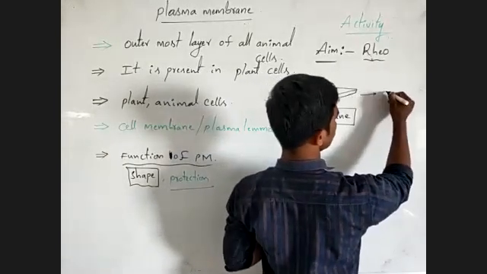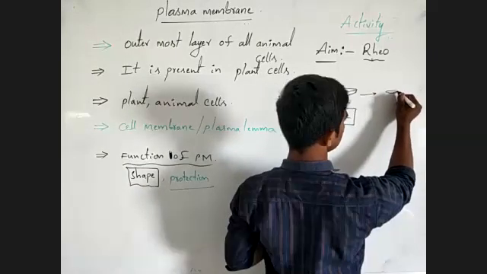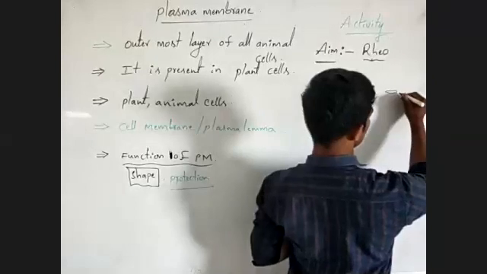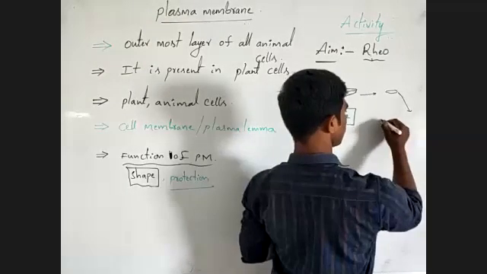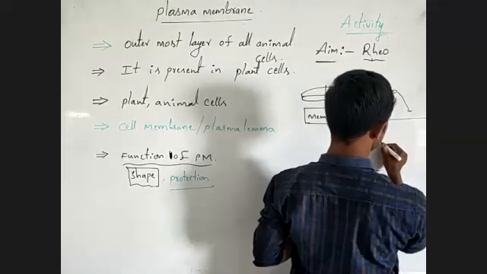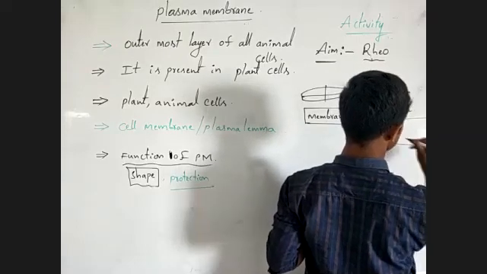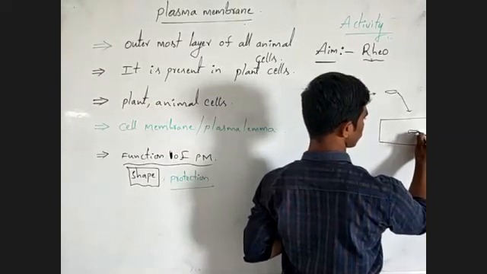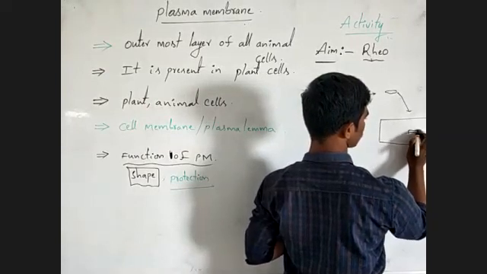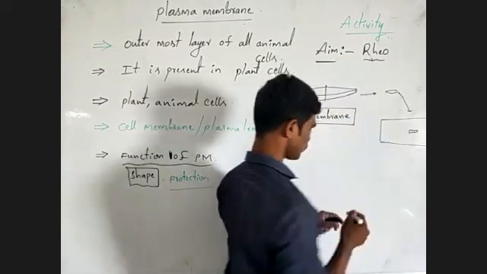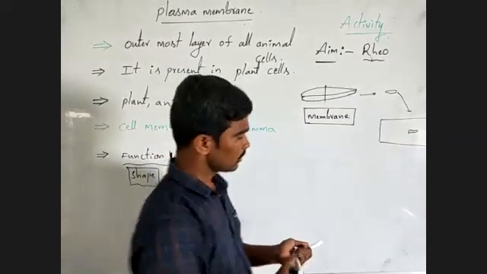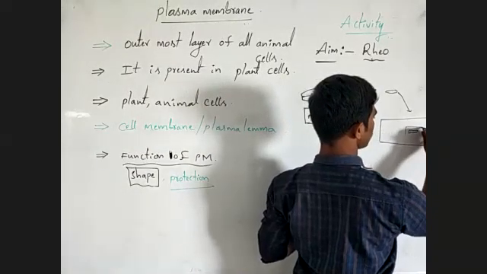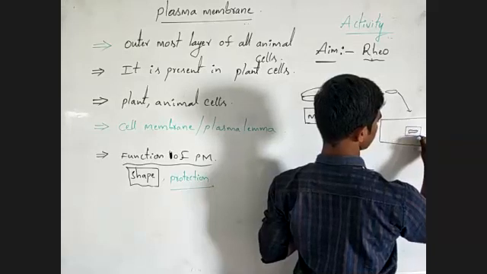Imagine like this. Then you have to place this Rhoeo membrane on a slide, like this. Then you have to place the cover slip on it.